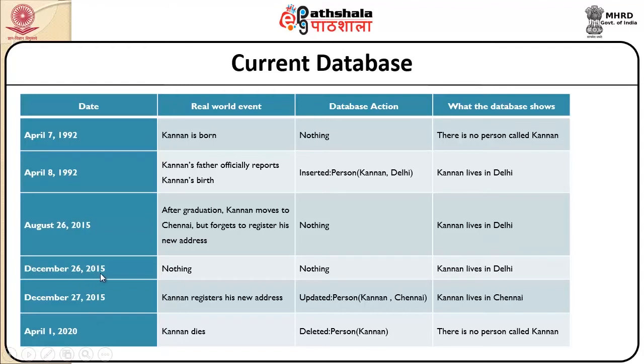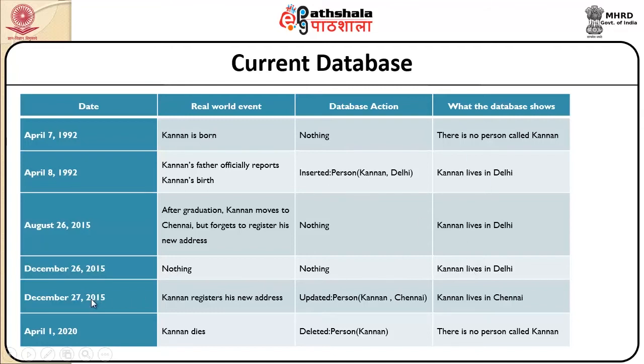On December 26, 2015, that means exactly about 4 months from the actual change of place, when I check the database, I do not see the register of change of address here again, and it says nothing has been mentioned. So, the database action is nothing, Kannan still lives in Delhi.